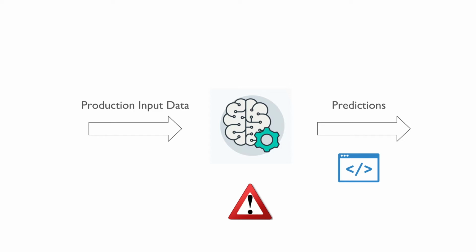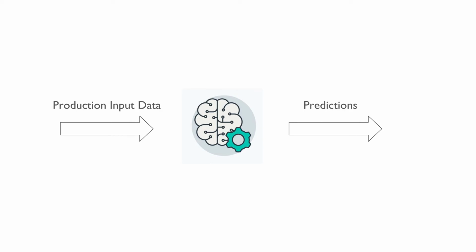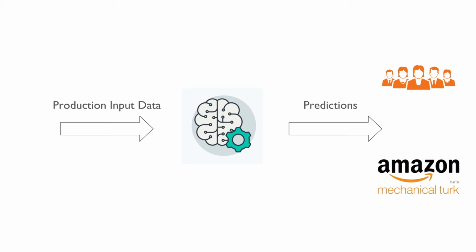Also, evaluating the model performance requires sampling the model's predictions and evaluating them by human experts. You can either work with field experts or workers on crowdsourcing platforms such as Amazon Mechanical Turk.